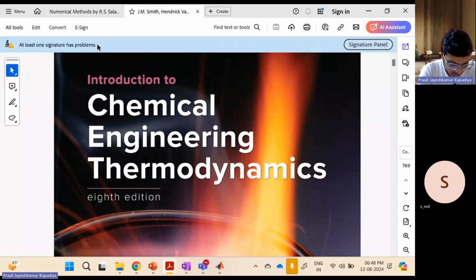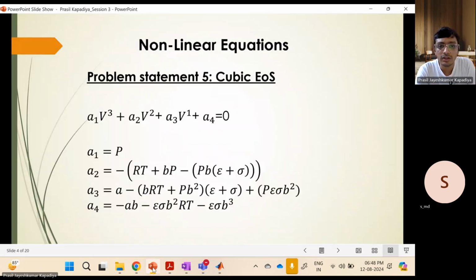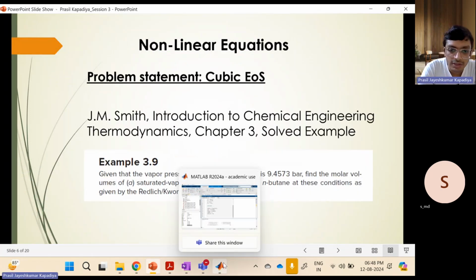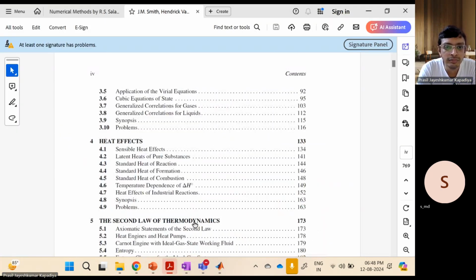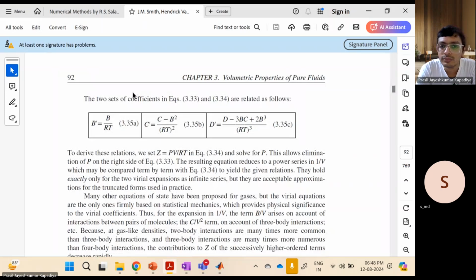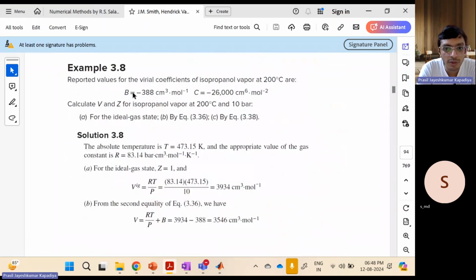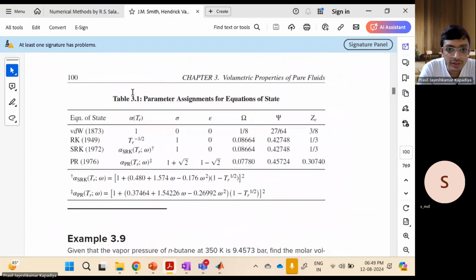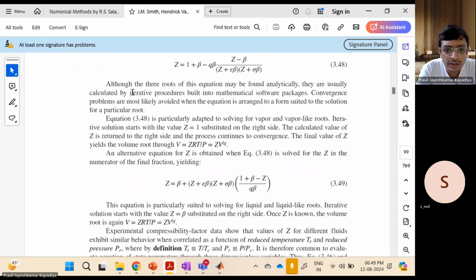This is from chapter 3. So let's go to chapter 3. Yeah, this problem, not 3.8, 3.9. Right? This problem.